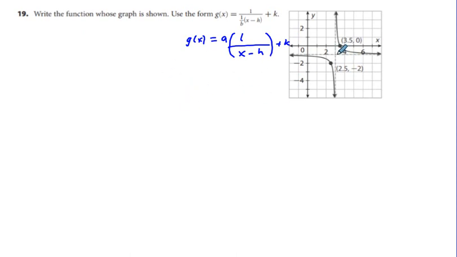First of all, the center is at the point 3 comma -1.